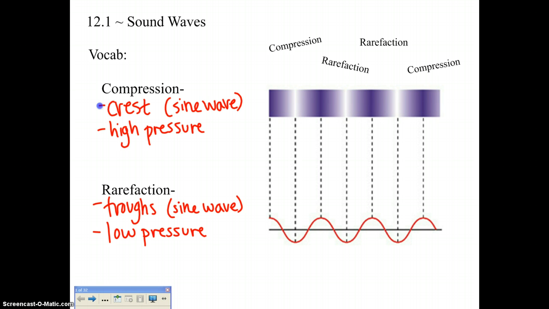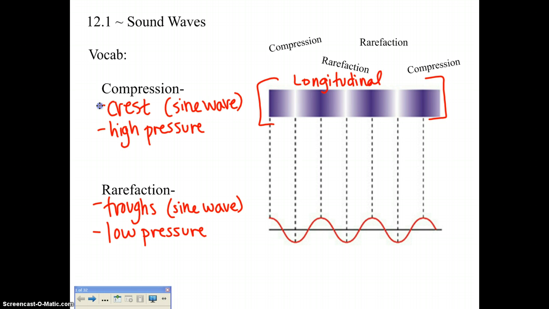So once again, guys, let's look at what type of wave a sound wave is. A sound wave is going to be a longitudinal wave. This picture up here is denoting what a longitudinal wave is going to look like.